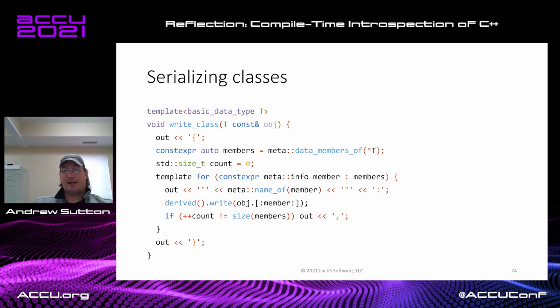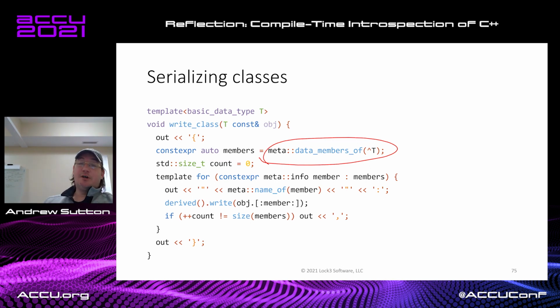This is the writeClass function. It's surprisingly straightforward, surprisingly simple. Let's see here, what happens here. So it's a little bit like working with enums, except we're working with the data members of the class. So for example, in this case, we're just going to ask for all data members of the reflection T. I think I may have implemented this differently in my examples.